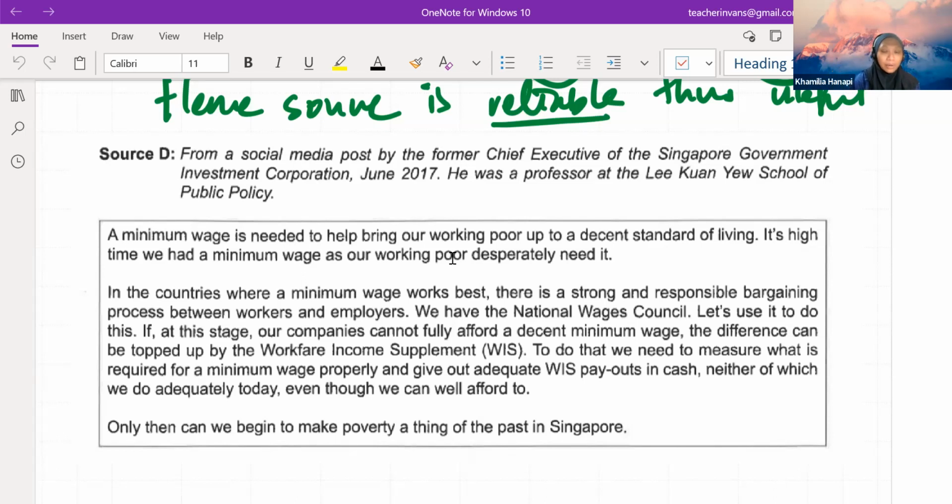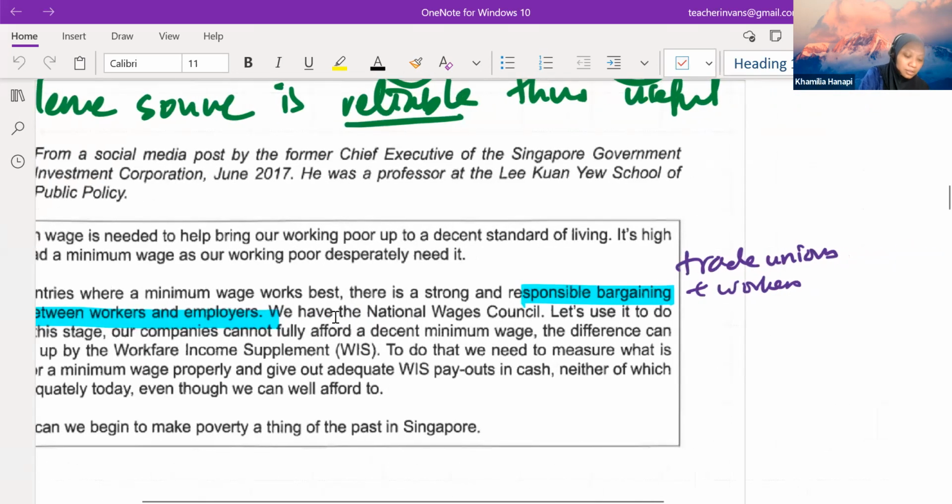Okay. Now, in countries where a minimum wage works best, there is a strong and responsible bargaining between workers and employers. That means when they say this, they're talking about trade unions and workers. Trade unions, what is the job of trade unions? Trade unions is protecting workers' rights.